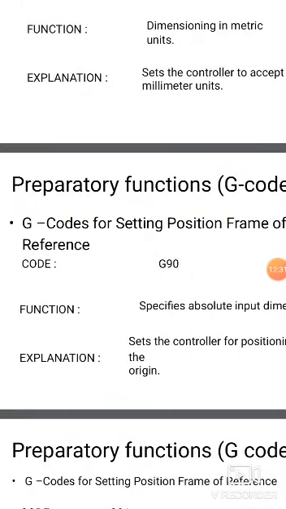So what is G90? G90 is used to define the absolute position system. When G90 is active, the machine will read all dimensions and movements from the working datum position. G90 indicates an absolute dimensioning program, so we are writing the program in absolute form.